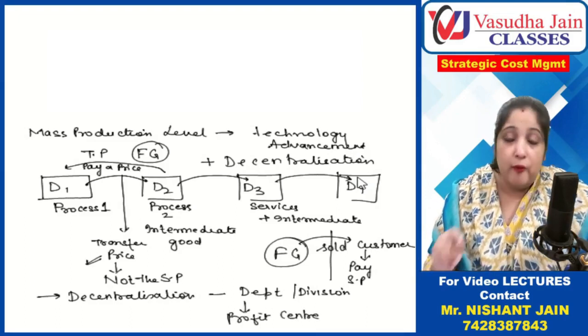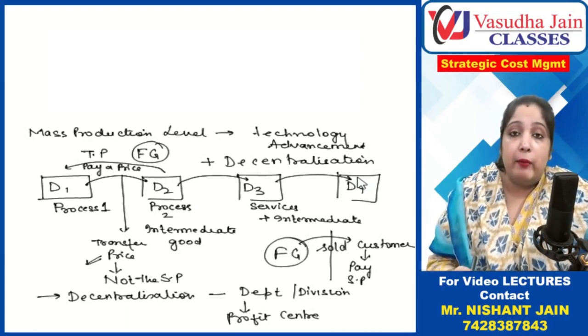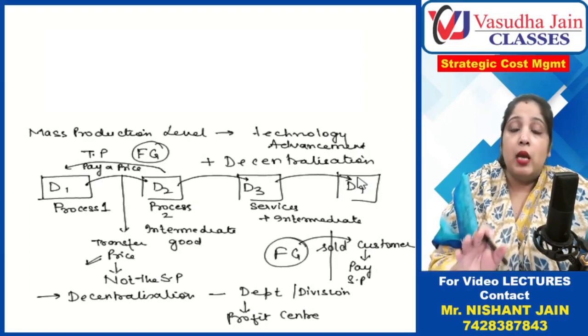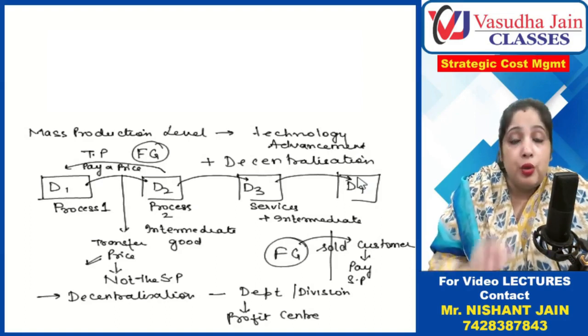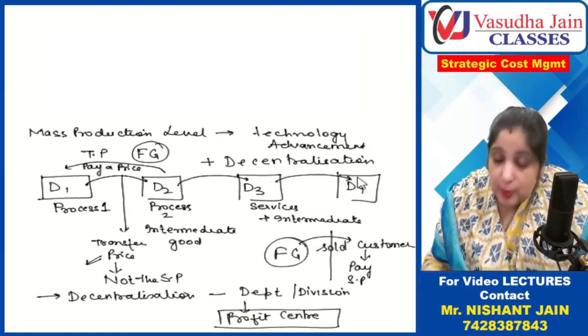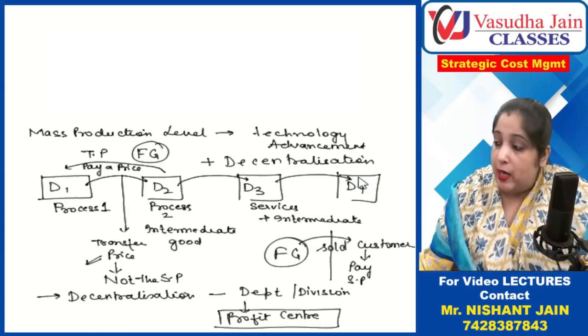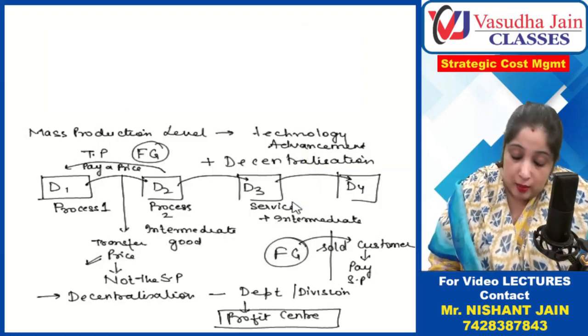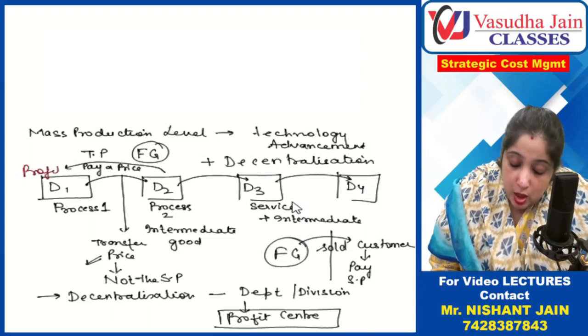Now what do you mean by profit center? Every department is responsible not just for making the goods at proper cost, they are also responsible for earning profit. They are called profit centers. Every department, department 1, 2, 3, all departments are made responsible to earn profit.